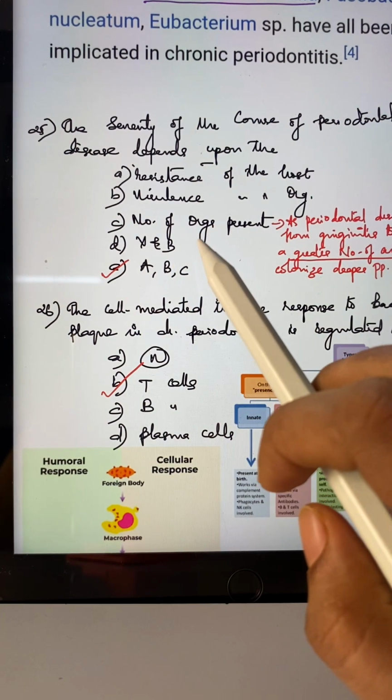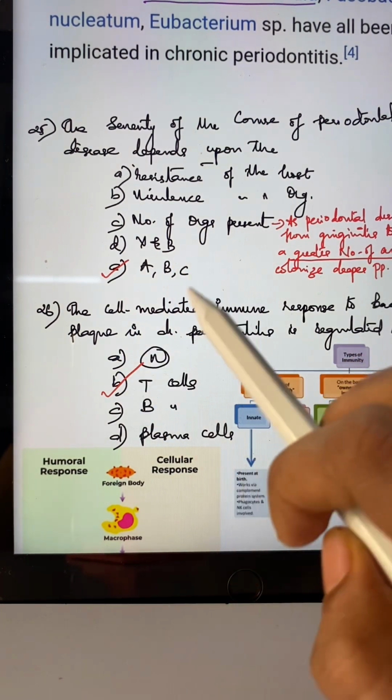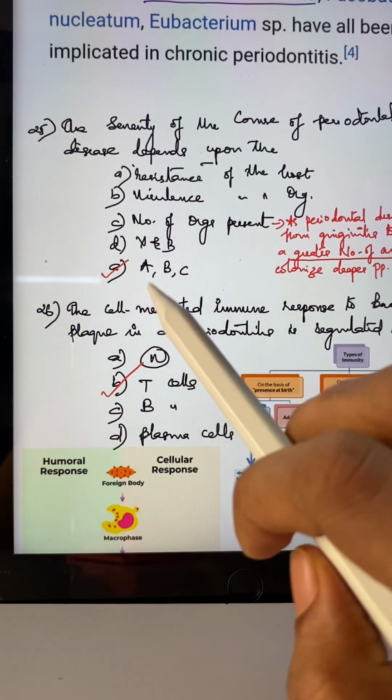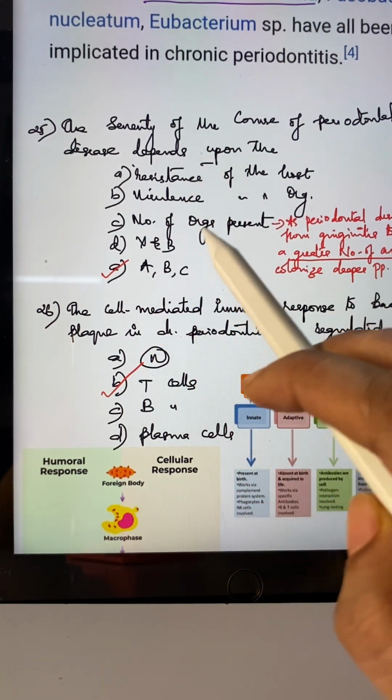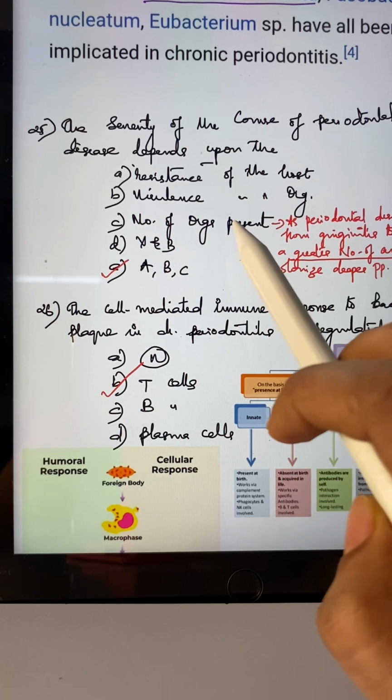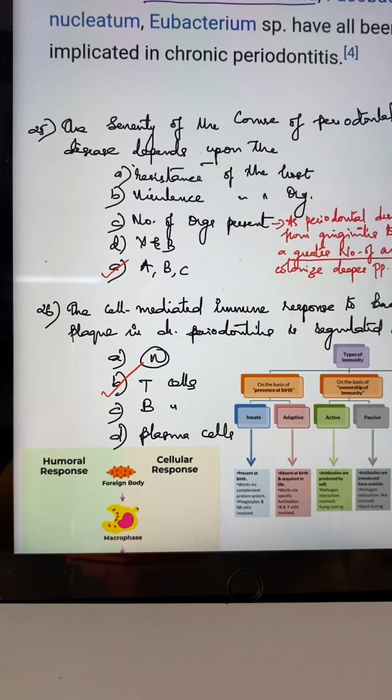When the periodontal disease progresses from gingivitis to periodontitis, a greater number of anaerobic organisms colonize deeper in the periodontal pocket. So the number of organisms is also a factor. So these three are the answer.